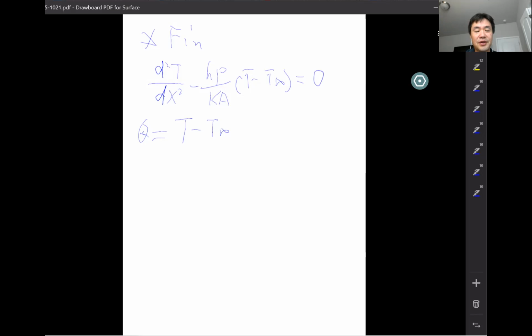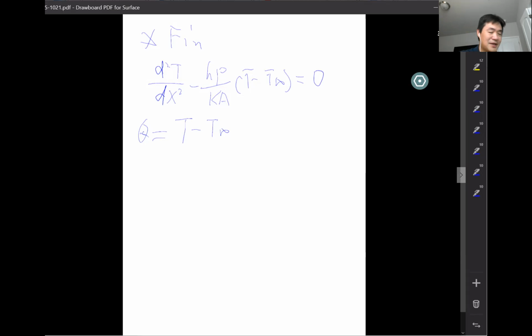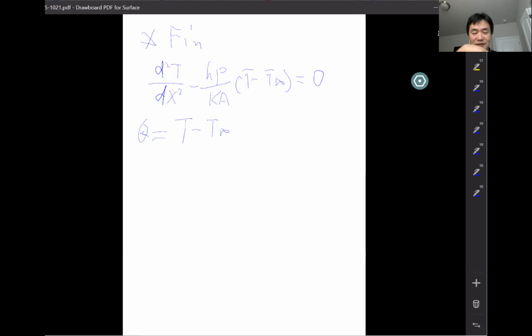So theta is the difference between the temperature inside the fin material and the ambient temperature. This is nothing fancy, just a relative temperature. It's a convention that makes the equation look a little simpler.